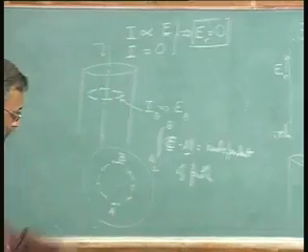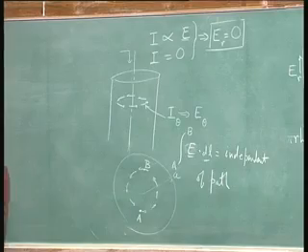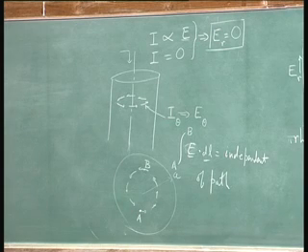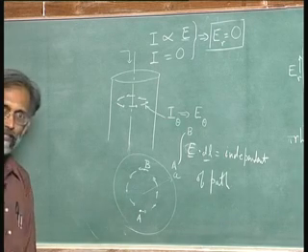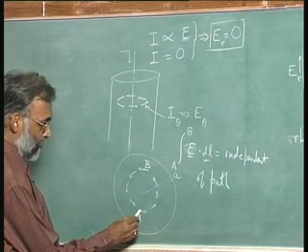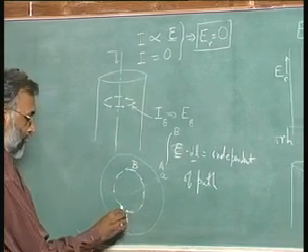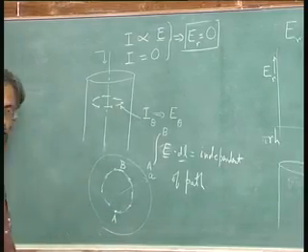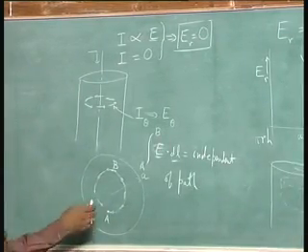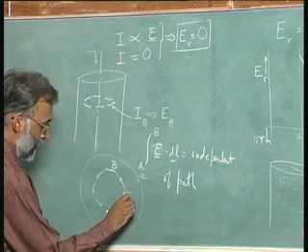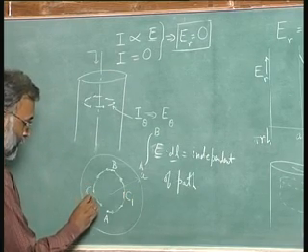No matter how I went from A to B, I got the same answer. So, I can choose 2 different ways. I can choose to go this way, and I can choose to go this way. So, let me label this path C1 and this path C2.